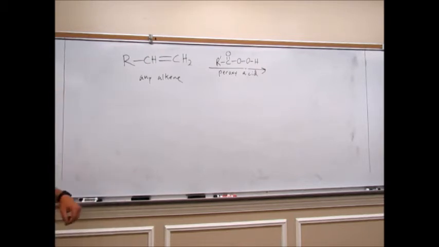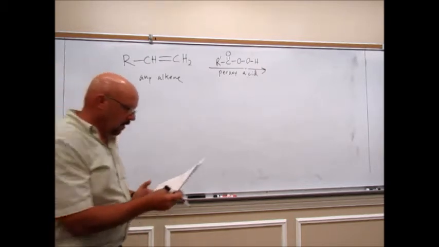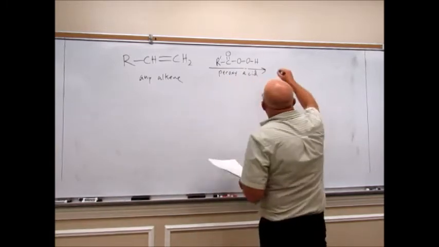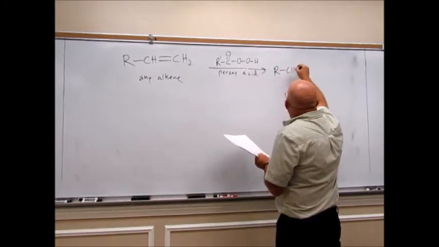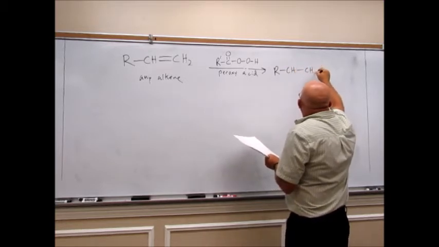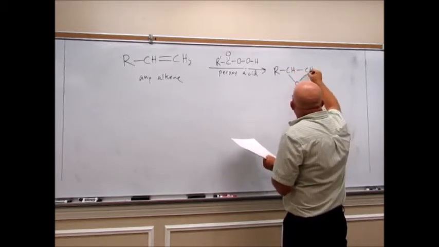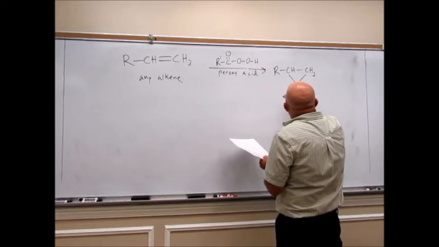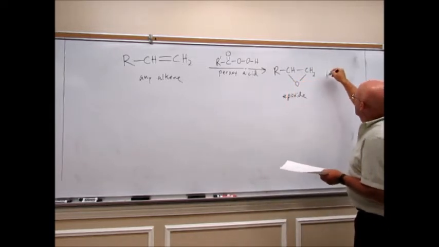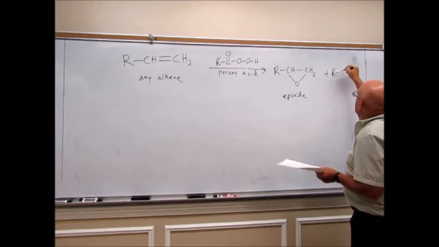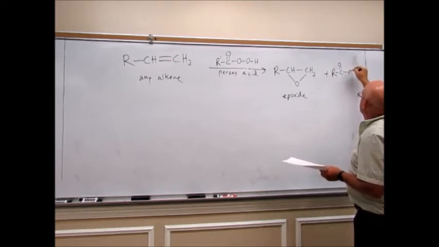If you take any alkene with a peroxy acid, we will make the epoxide, and then as a byproduct we get a carboxylic acid.